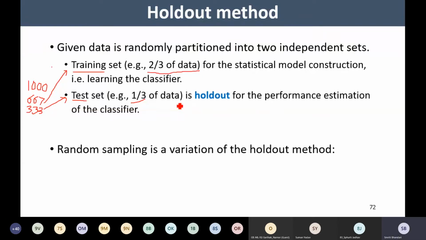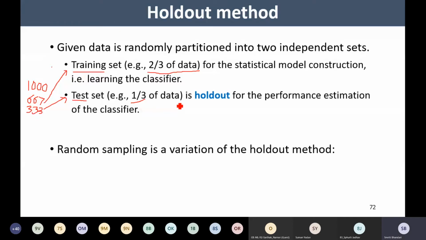What else? In the holdout method, initially we are splitting our data into train set and test set, right? So it is a single train and test experiment that we are going to perform. A single training data set is being used for training or learning, and a single test data set that we have prepared is being used for evaluating the performance of my system, right?